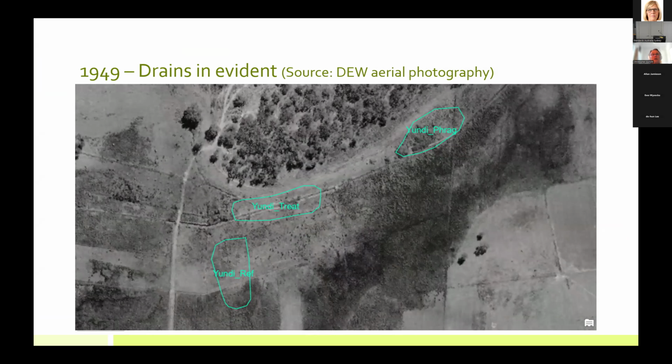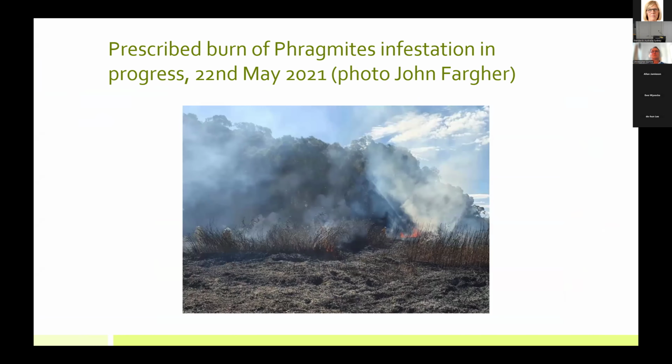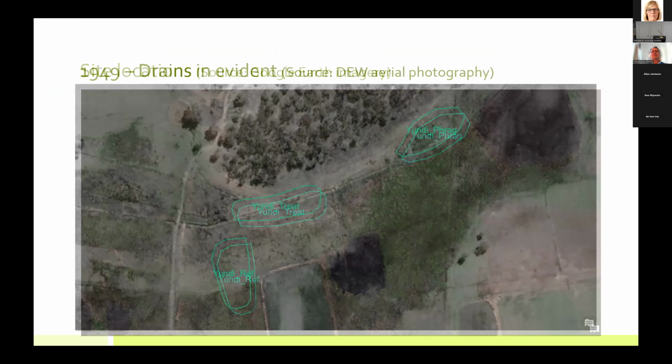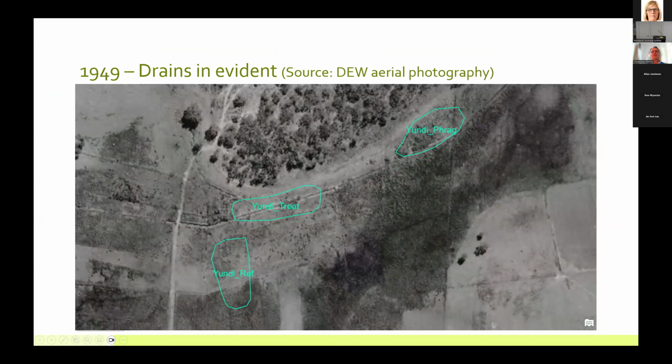This was in 1949. It gives you an idea of the status of the vegetation back in 1949, a series of drains through the area, and this is basically all bare apart from one tree back down here in the south, but certainly no dominant peat vegetation.